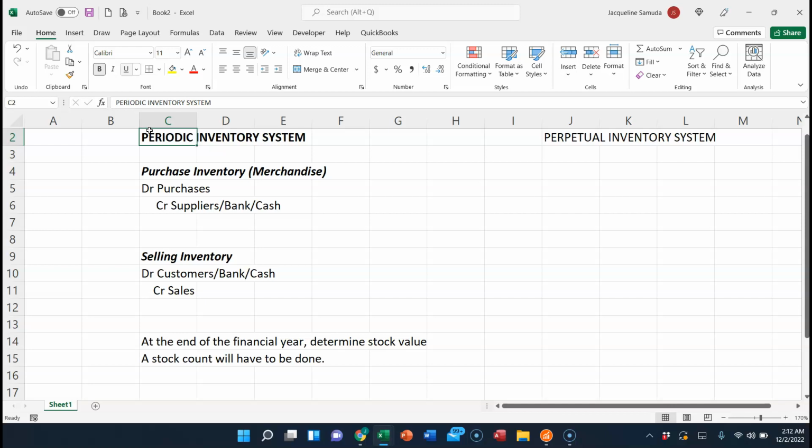Good. Now let's go over to the perpetual inventory system. I'm going to run the process again. If you're going to purchase inventory, let me just copy this.